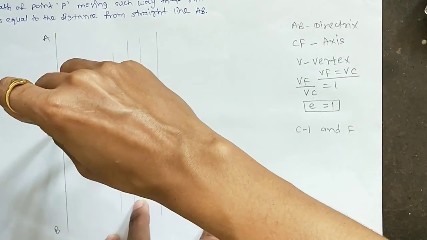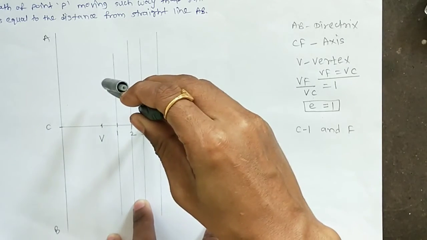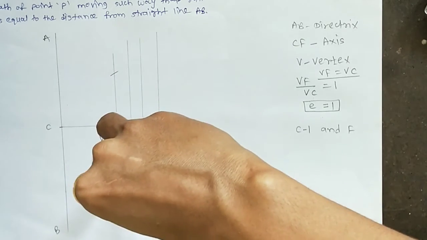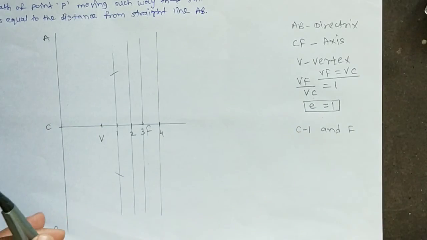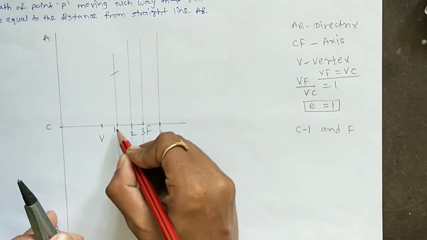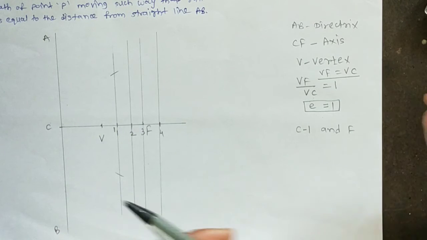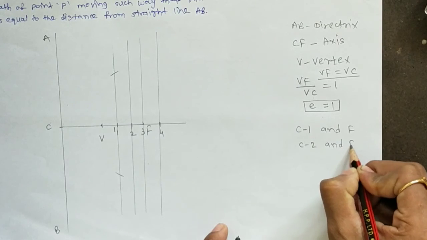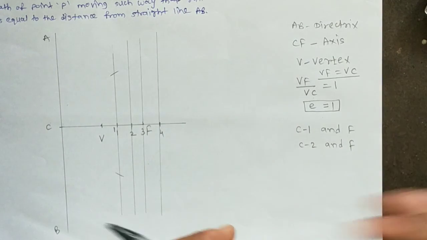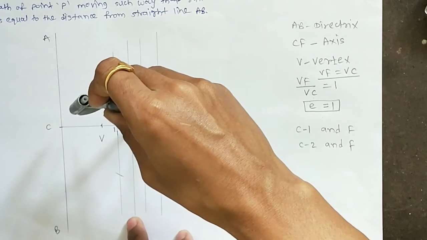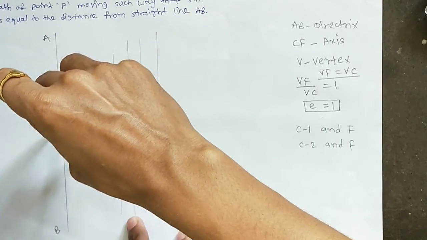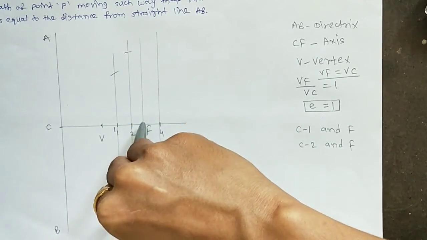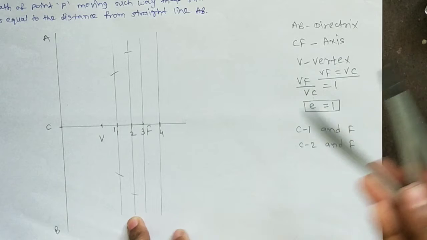Mark an arc on the line which is going from point 1. Then similarly take C2 distance and center point as F. So take C2 distance and center point F. Mark an arc on second line which is going through point 2.